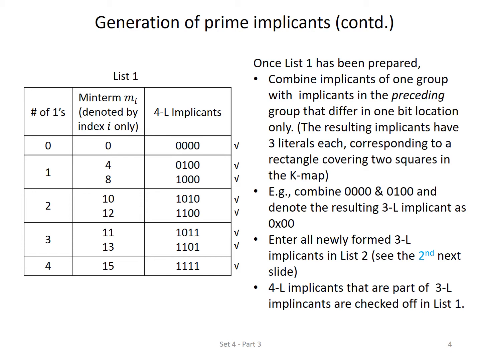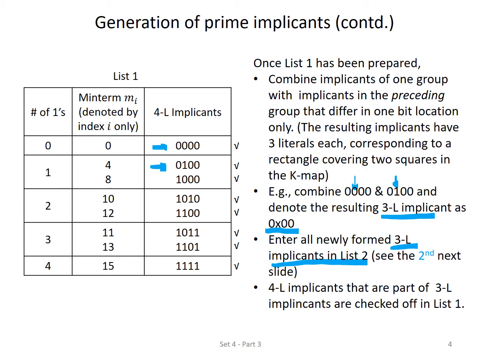For example, we can combine this implicant with this implicant, and the resulting implicant is a 3 literal implicant, denoted as 1x00. X indicates the location where the two implicants that we are combining differ. We enter all newly formed 3 literal implicants in list 2, and this is shown later on.